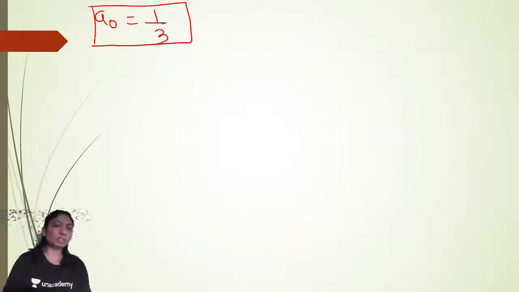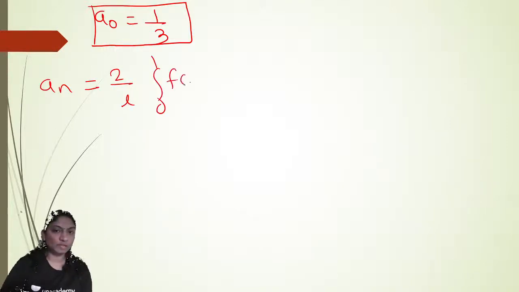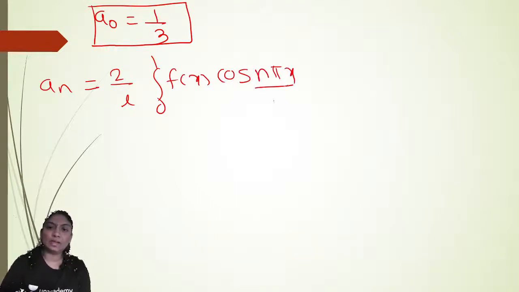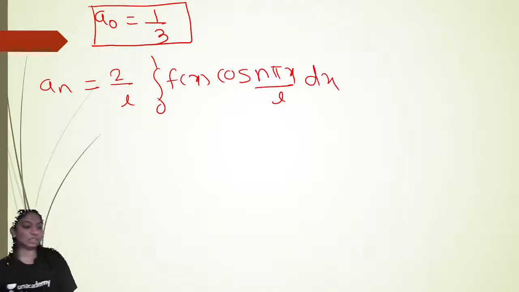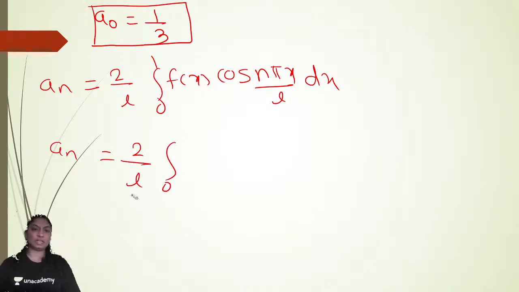Now, what is the value of an? An is equal to 2 by L into integral from 0 to 1 f of x into cos n pi x by L dx. But here L is equal to 1. So you will get directly 2 by L integral from 0 to 1, but L is equal to 1.